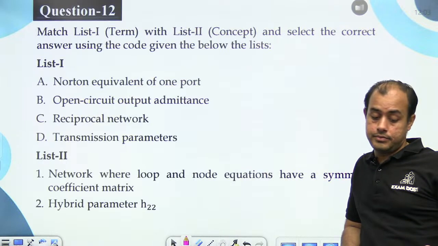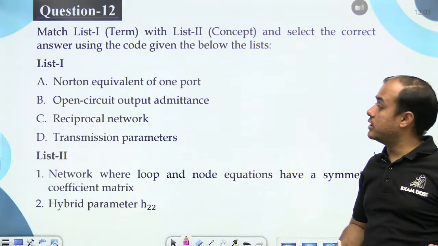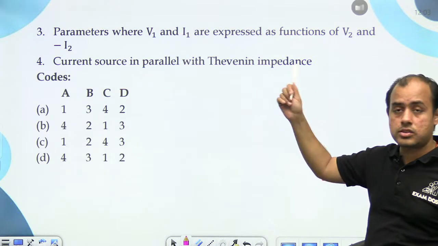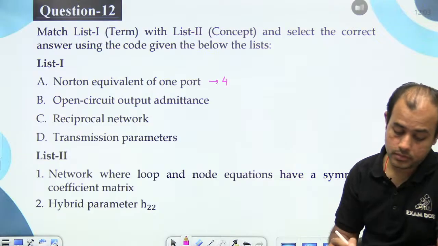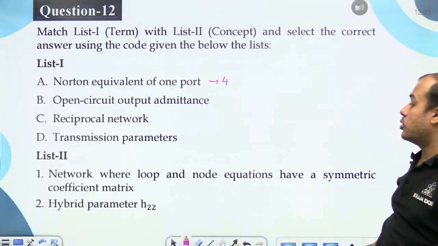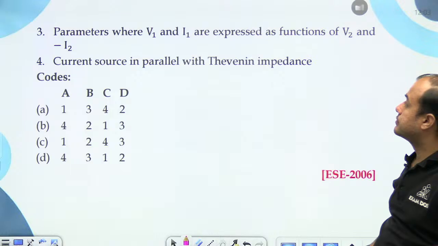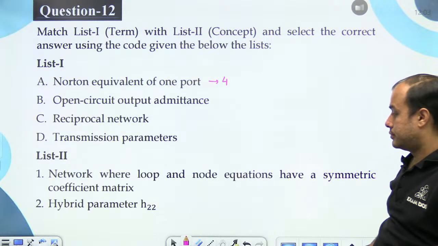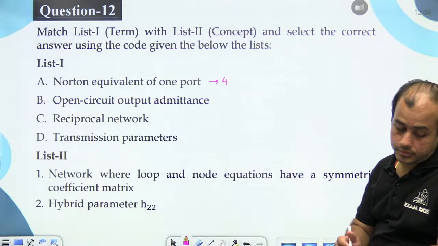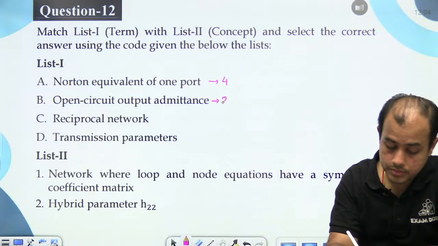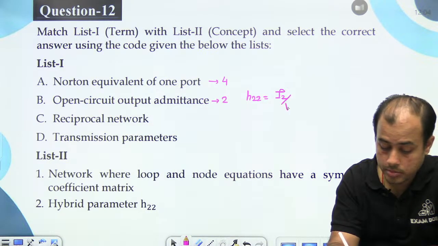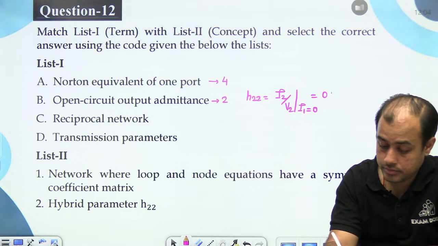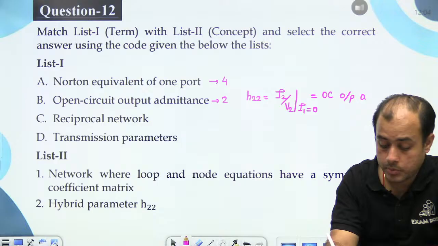So for the Norton equivalent, what comes is a current source in parallel with the Thevenin impedance. Open circuit output admittance is 2, because H22 is I2 by V2 when I1 is 0. Open circuit output admittance.